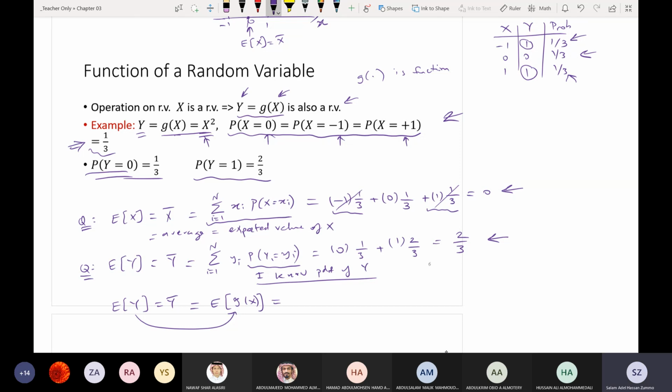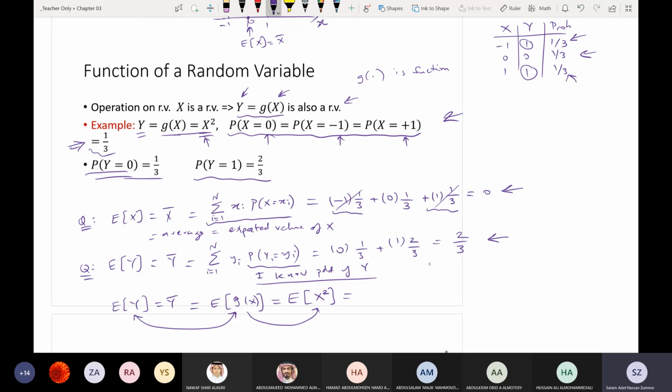So whatever inside the expectation, I replace it with the function of x, g of x. What was the function of x? What was y يا شباب? X squared. Excellent. So now I apply the expectation operator with x squared inside.